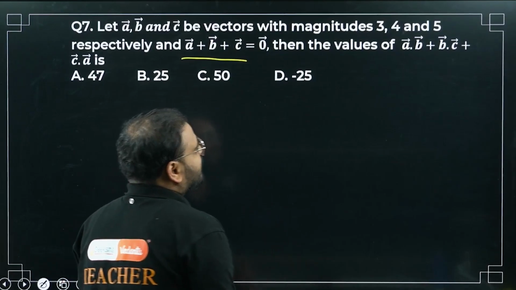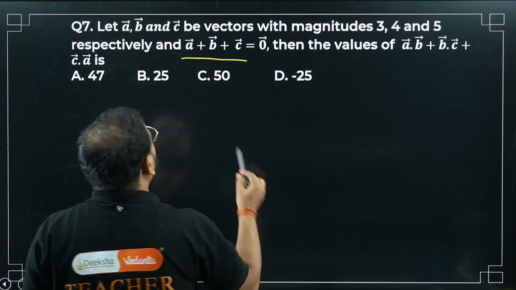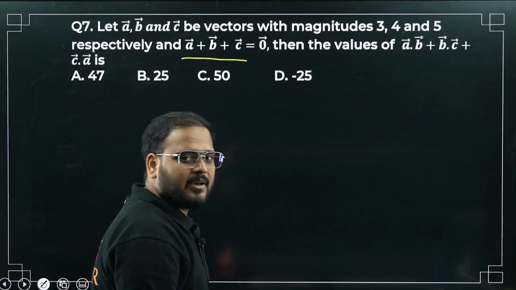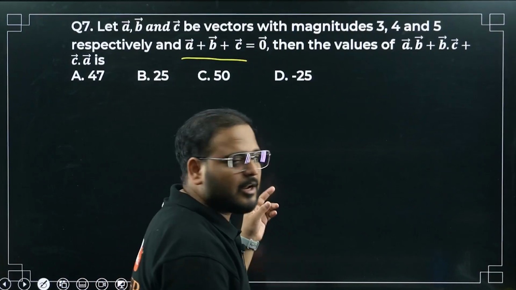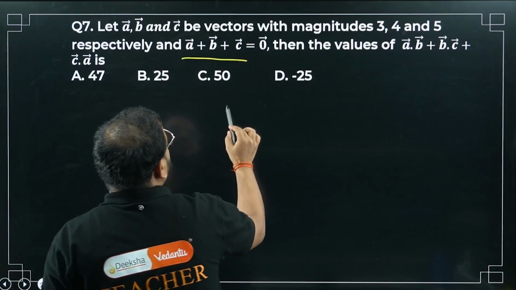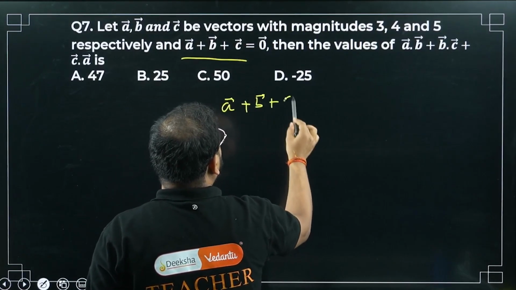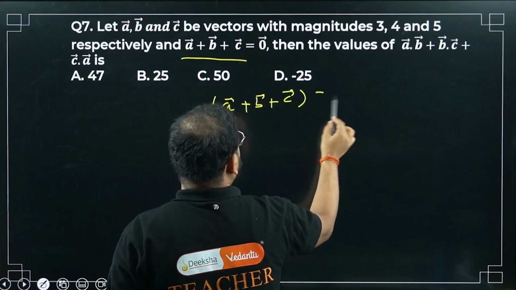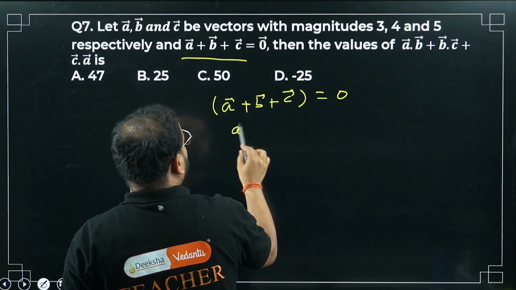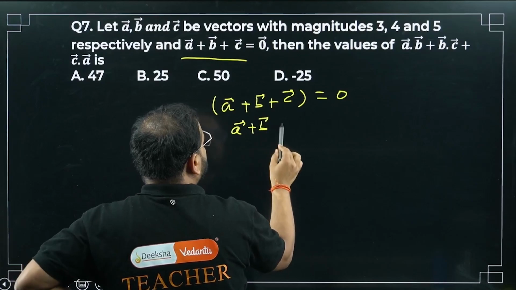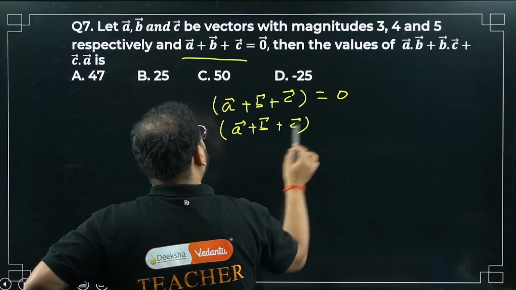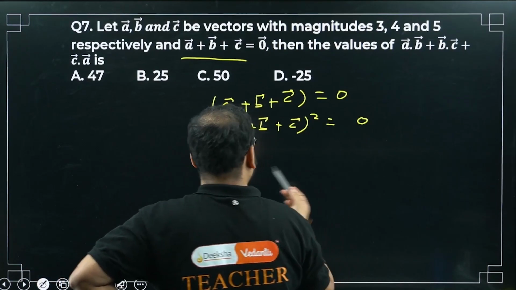This you have learnt in grade 10, I think, or grade 9 also in some boards. What is this formula? Equals to 0, take the whole square. So A plus B plus C, the whole square equals 0.